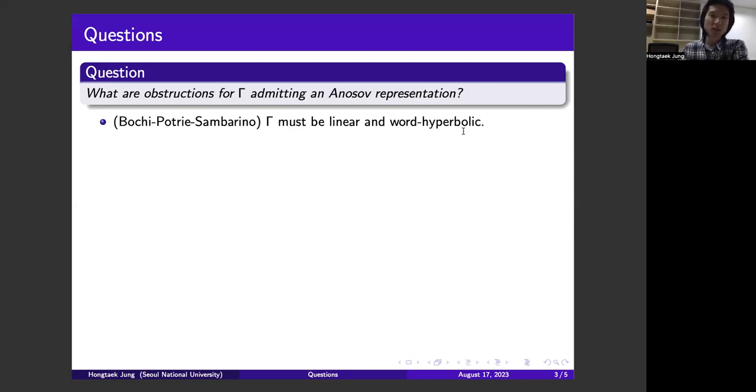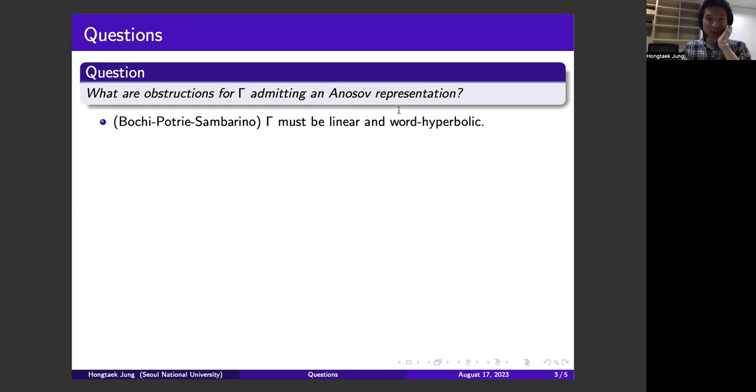Of course, there must be a homomorphism from Gamma to a special linear group, and if this representation is Anosov, then it must be faithful. So Gamma must be linear.